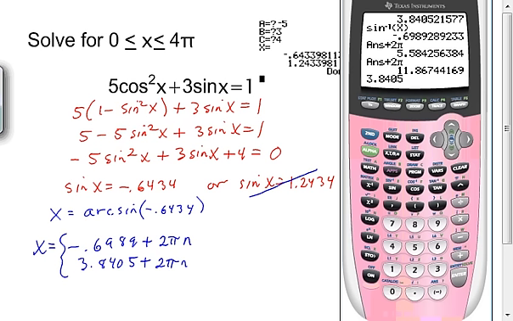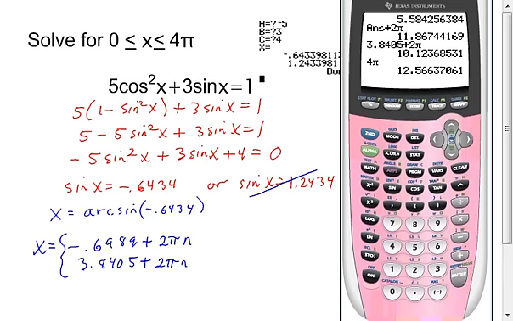And then I want that plus 2 pi. And if I add another 2 pi, that's going to make it bigger than 4 pi. Because 4 pi, just to confirm that, is 12 point something, and adding another 2 pi to 10 point something, it's going to be 16 something, bigger. So that one is 10.1237.